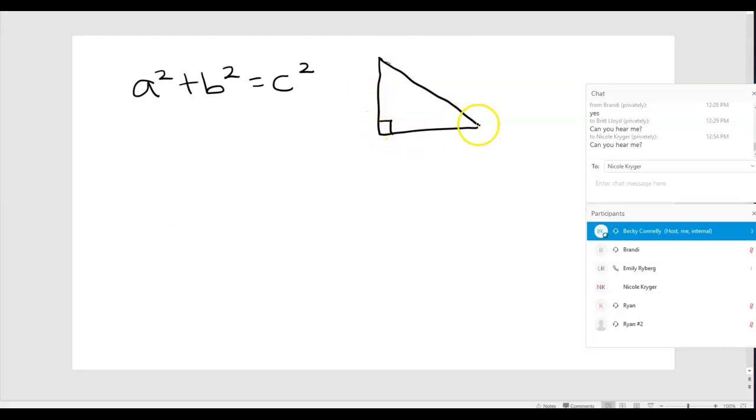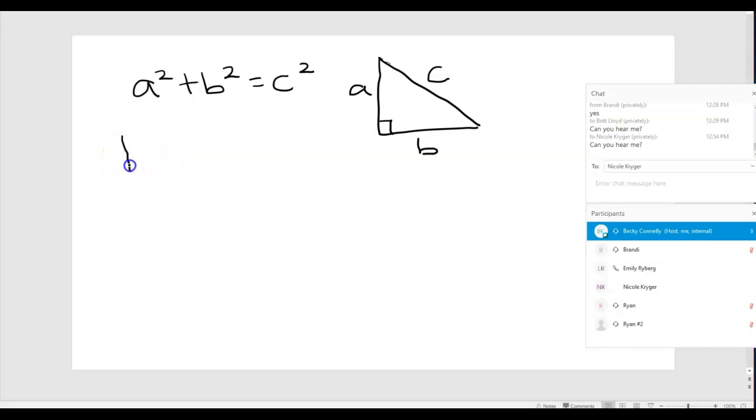The two legs, the ones hooked to that 90-degree angle, are our a and our b. And our hypotenuse, I know it's a crazy word, the longest side of the triangle, directly across from the 90-degree angle, is always our c. Keeping straight in your mind which one's which is a big deal on this.